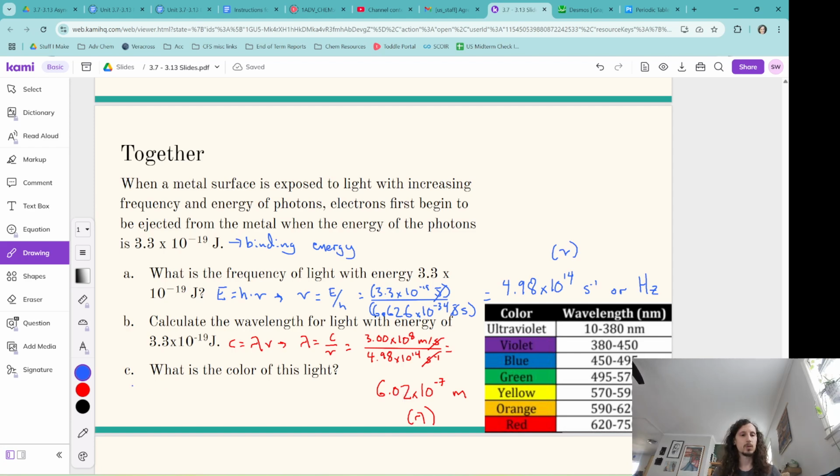So 1 meter is equal to 10 to the 9th nanometers. So if I turned this into nanometers, this value would become 602 nanometers. Okay, so which category of light is that in? That's going to be orange light, right? It's between 590 and 620. So it's orange.